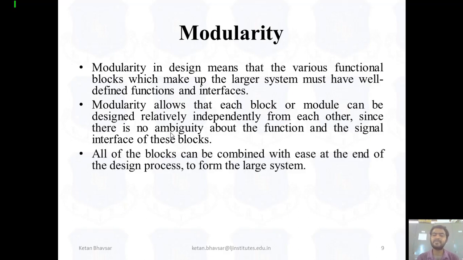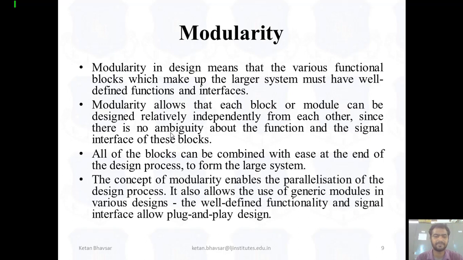All the blocks can be combined at the end of the design process. You can design each module independently, and at the end of the design you combine each and every adder or design to make a large system.